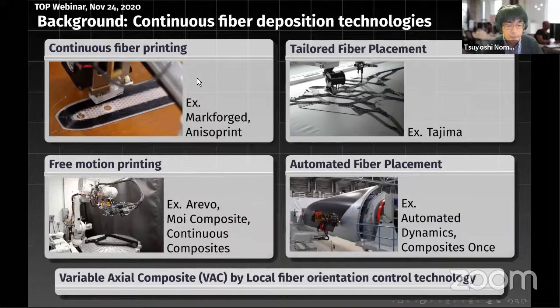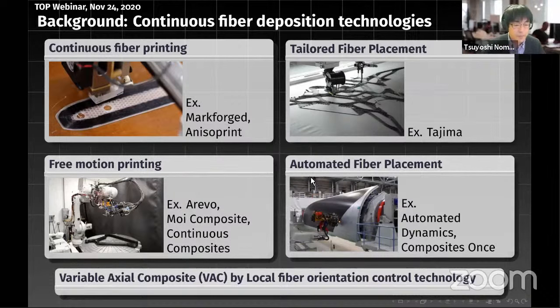Another technology is tailored fiber placement, which uses a machine-controlled embroidery machine, and another is free motion printing, an extension of continuous fiber printing using multi-axial robot arms.